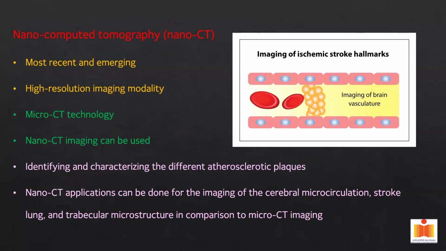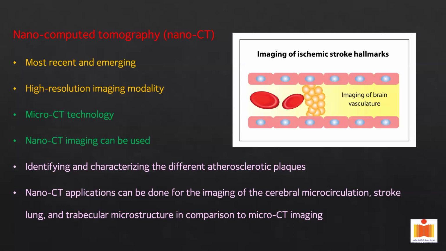Now coming to CT, we have seen ultrasound. CT has become one of the high resolution imaging modalities, but its soft tissue contrast is not comparable to MR. But there are certain things coming in the form of nano CT imaging. Nano CT can detect cerebral microcirculation. In the image, some sort of ischemic stroke is happening, and it is the brain vasculature that is seen.